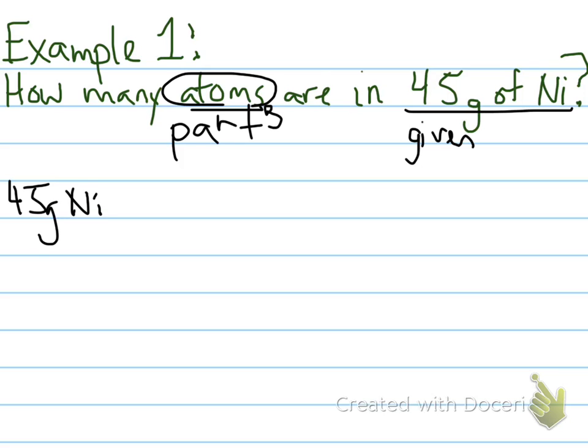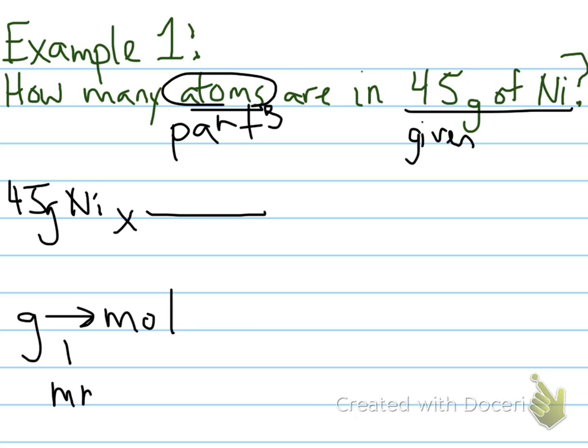We can't convert from grams directly into atoms, though. We only know how to convert from grams into moles. So we're going from grams into moles, and in order to get from grams into moles, we need to use molar mass. The molar mass of nickel, looking at the periodic table, is 58.71.